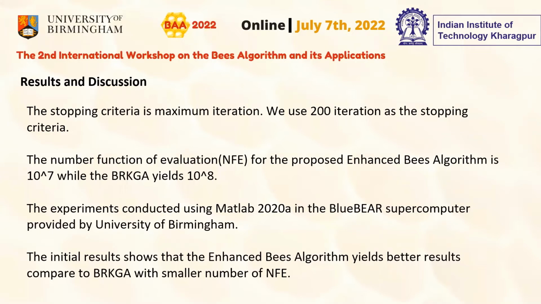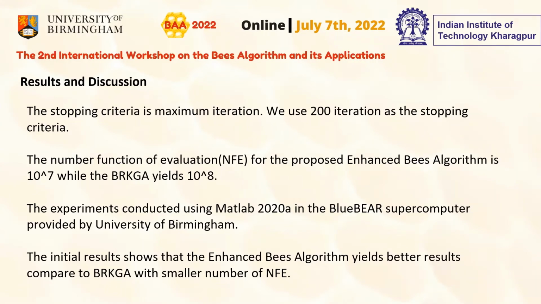So now we came to the results and discussion. For the proposed algorithm, we have used 200 iterations as the stopping criteria, and the number of function evaluations for this proposed enhanced Bees algorithm is 10 raised to power 7, while the biased random key genetic algorithm yields a result at 10 raised to power 8.